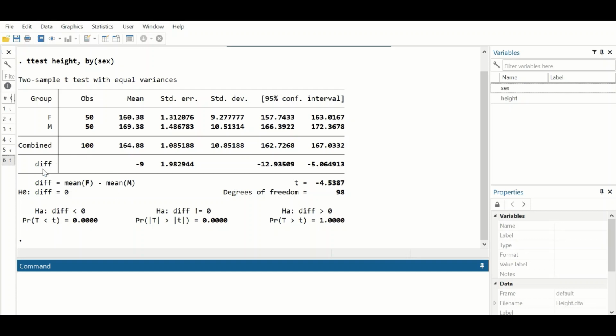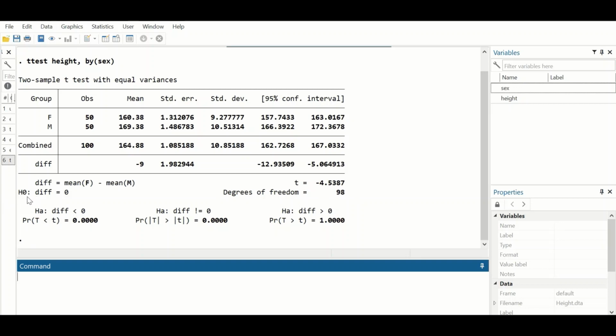And if we look here, it says the difference, which is the mean for the females minus the mean for the males, and the t-statistic of the unpaired t-test is equal to -4.5, and the degrees of freedom is 98.